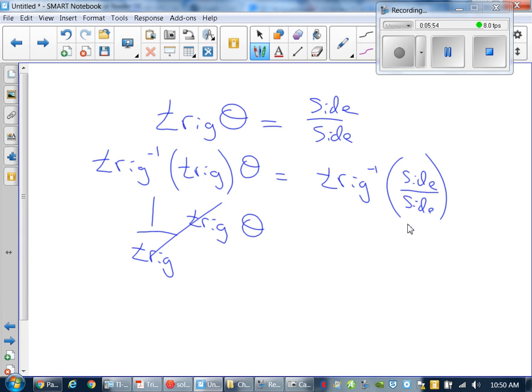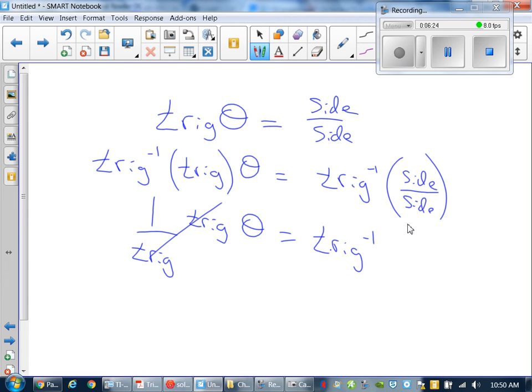So whenever you have to solve for your angle, you're going to use the inverse button. That is the only time we use the inverse button. So, theta will always equal trig inverse of something divided by something else, side over side.